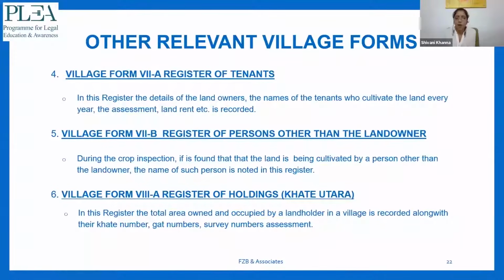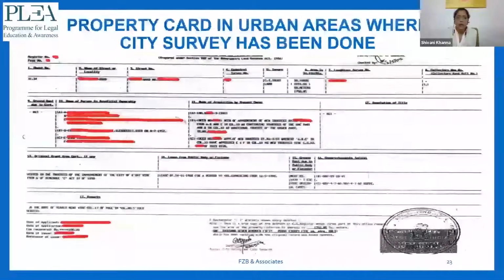That is, if one occupant holds several lands in a village, all his holdings are mentioned in one place and a khata number is given to him, which is pursuant to form 8A. In a city like Mumbai, where survey has been done under section 126 of the Maharashtra Land Revenue Code, a cadastral survey number has been allotted.